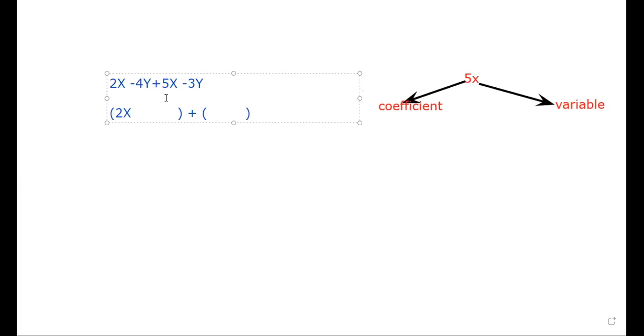I have plus 5x. Okay, so this is the first parentheses. Second parentheses, I have negative 4y minus 3y. Okay, then we will simplify. 2 plus 5 will equal 7x, and then minus 7y. So this is how you can simplify the like terms in algebraic expressions.